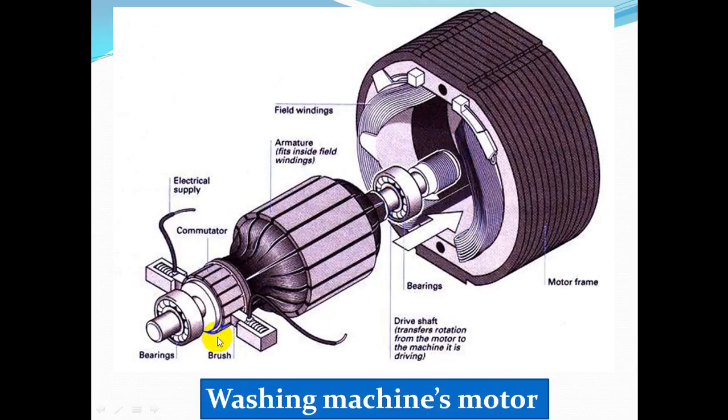We have two bearings, the first bearing here and the second bearing here, and this is the motor frame. And one more thing is the rotor shaft. The rotor shaft is this. It will transfer rotation from the motor to the machine. It will drive it.